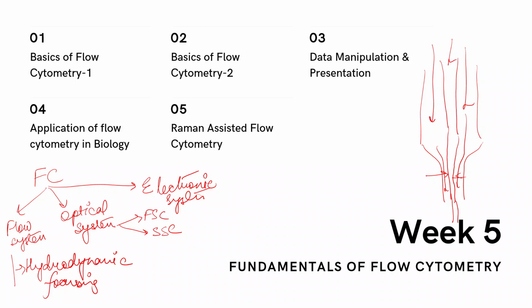In side scatter, it is placed not in that direction, but perpendicular or in some other direction, such that it can acquire the signal scattered from the interiors or granular structures of the cell.